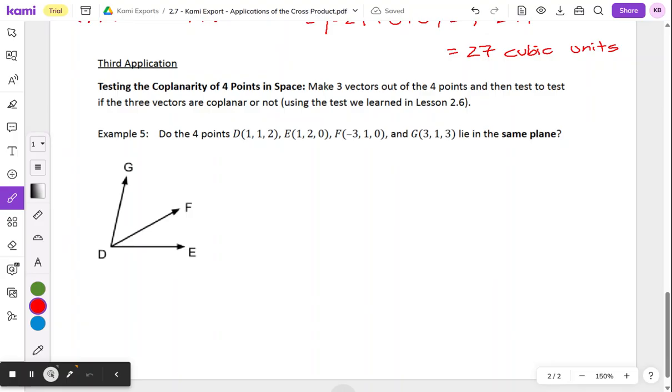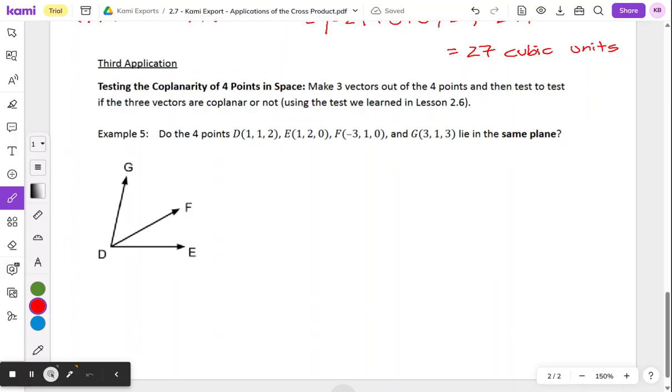And that ties into what we were saying before, which is if we found the dot product and the cross product and they came out as a 0, it would mean they were coplanar. And that's because they basically create a parallelogram or a parallelepiped that has no height.